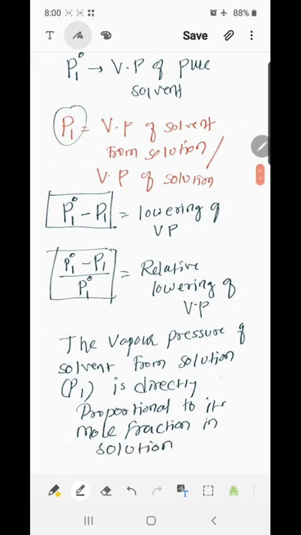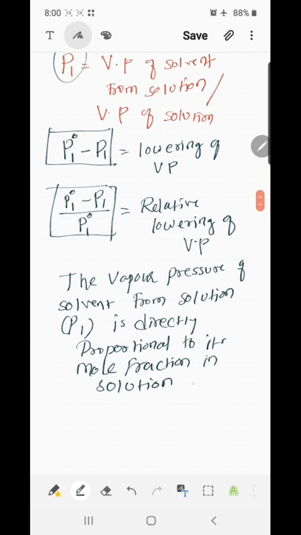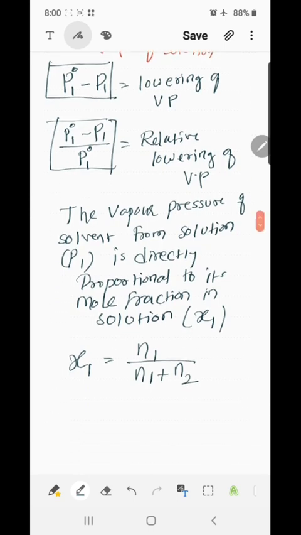So class, the mole fraction of solvent in solution we take as x1, which is nothing but the number of moles of solvent upon number of moles of solvent plus solute, and here your solute is non-volatile solute. So that is the statement of Raoult's law for solution containing non-volatile solute.